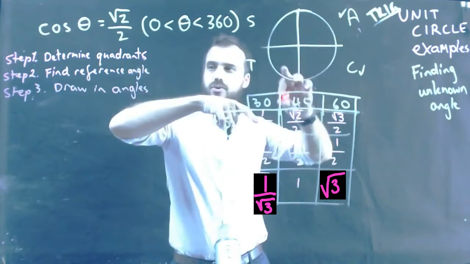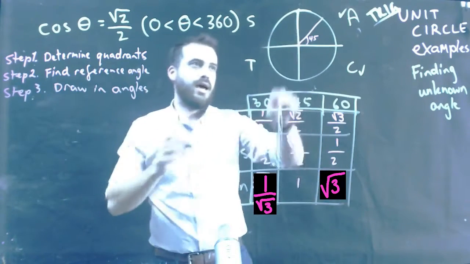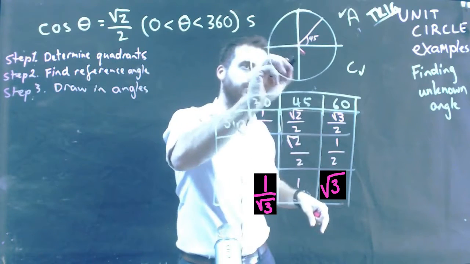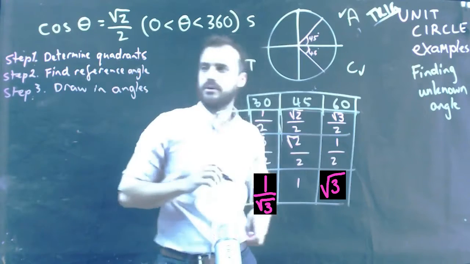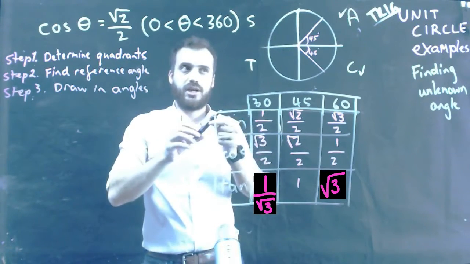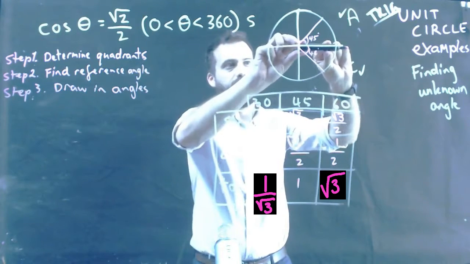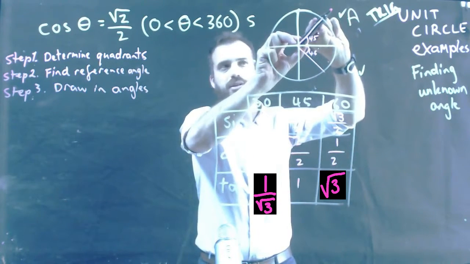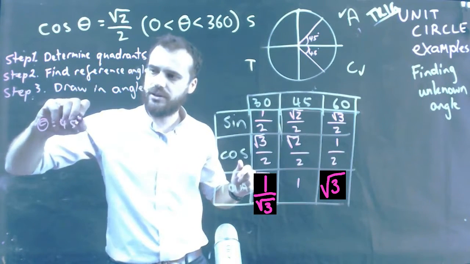So, in the first quadrant, a 45 degree angle, and in the fourth quadrant, a 45 degree angle. Now finally, I just need to figure out how big each angle is. I start here, I need to go between 0 and 360. 45 degrees, that's one of my answers. Theta equals 45 degrees.